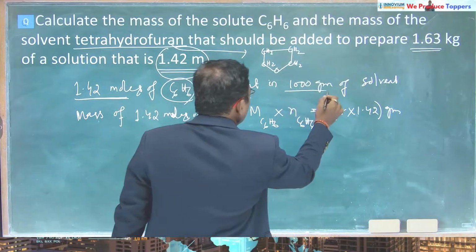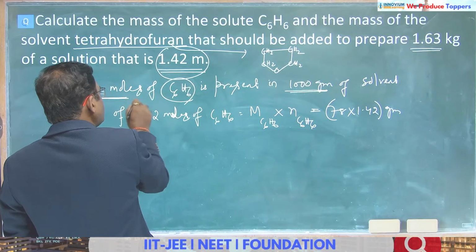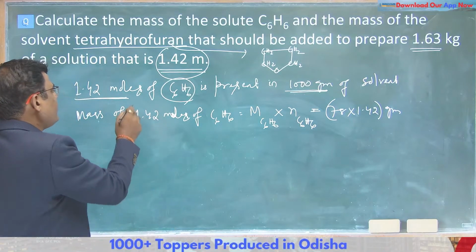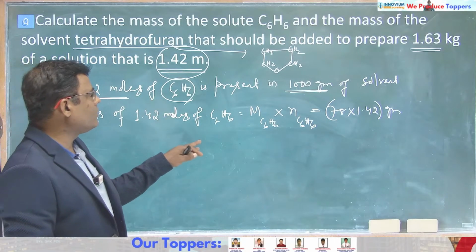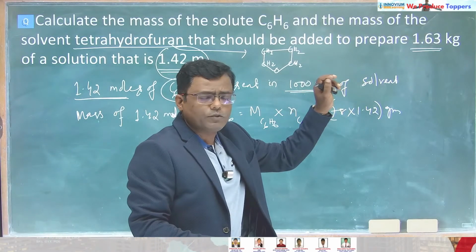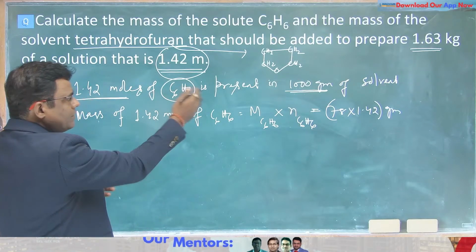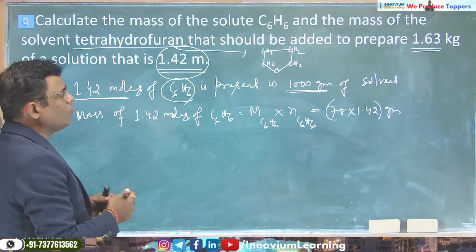Now, what is the mass of solution? You see, 1000 gram of solvent is there in which this much moles of benzene is present. Whatever mass comes for 1.42 moles of benzene, that much mass of benzene must be there in 1000 gram of solvent, correct? Then what is the total mass of this solution containing 1000 gram of solvent and 1.42 moles of benzene?